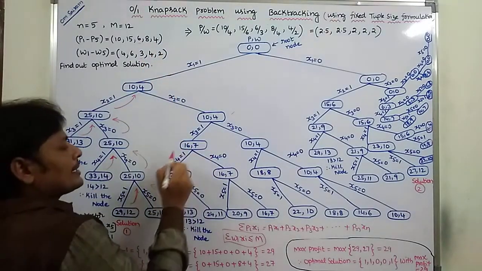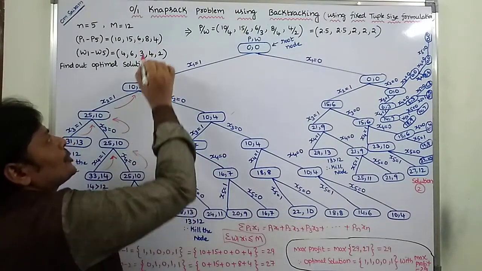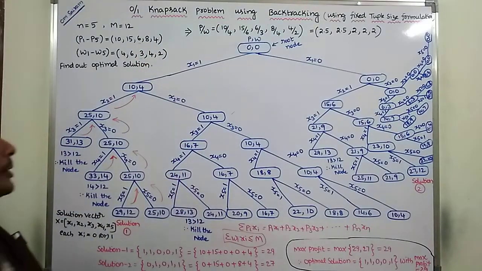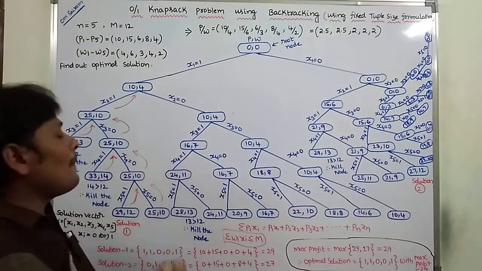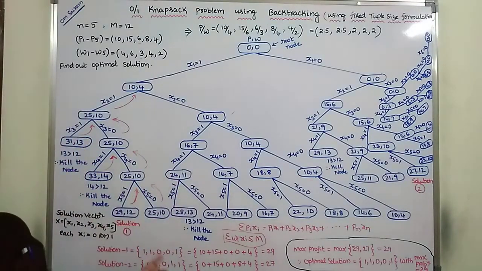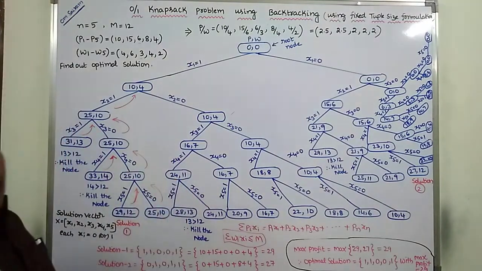So 24 comma 11. The sum of the weights of the objects is 11. 11 is less than or equal to the capacity of the knapsack, so this node can be extended.